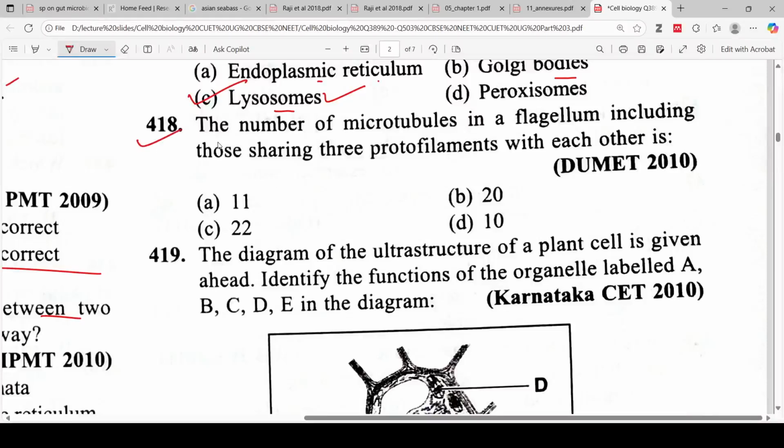Next question: the number of microtubules in flagellum include those sharing 3 protofilaments with each other. So the correct answer will be option B.